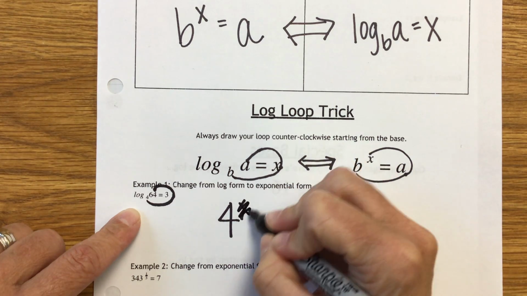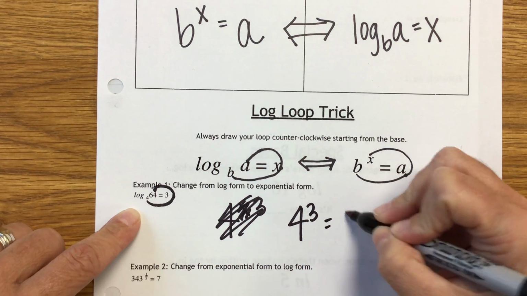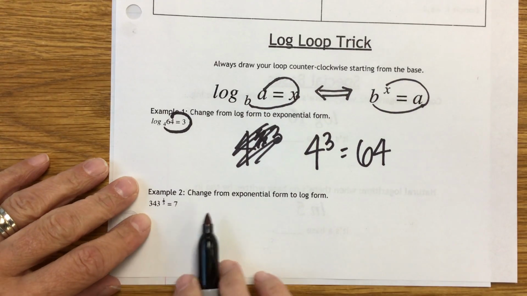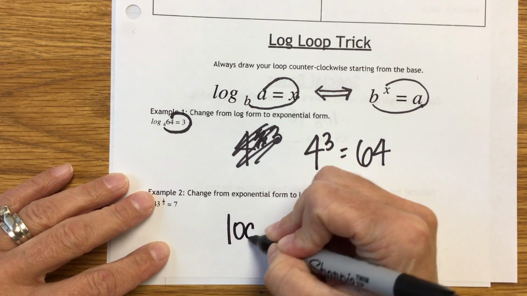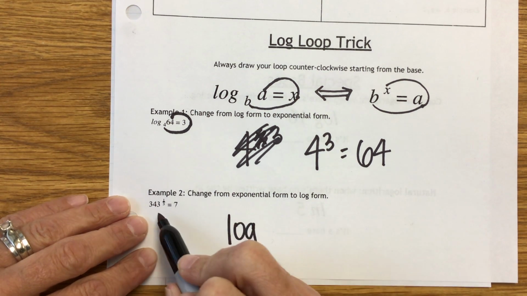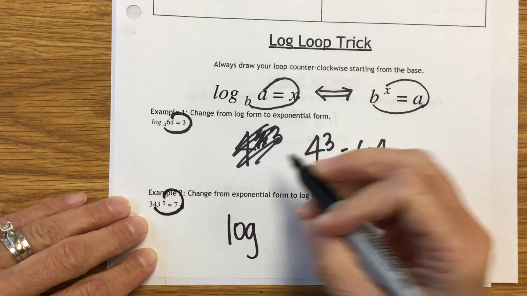All right, same with this loop. Because it's already exponential, I'm going to change it to log, so I'll write the word log. And then I'm going to get my base of 343. So log base 343 of 7 equals 1/3.